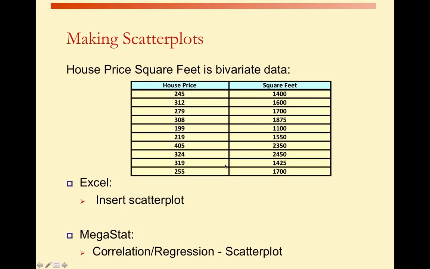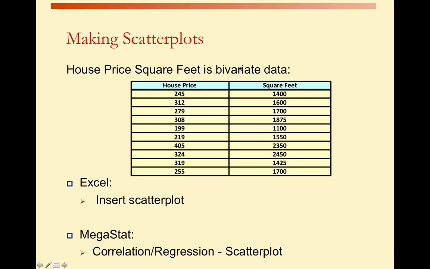So how do you make a scatter plot? We've already looked at this, but let's take a quick look. Let's just say we have house price per square feet data. So we might have some real estate data where we have the house price in, say, hundreds of thousands of dollars and the square footage of the house. Now, this is going to be bivariate data, meaning that we expect this data to vary together.